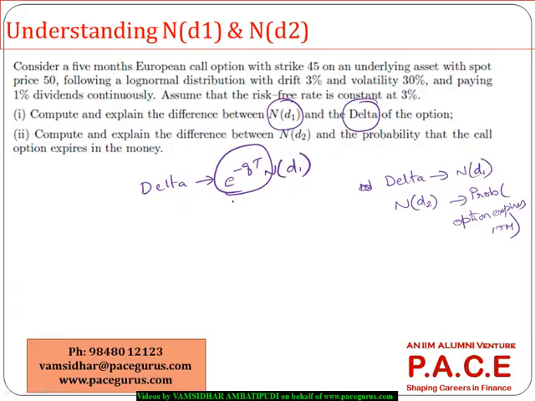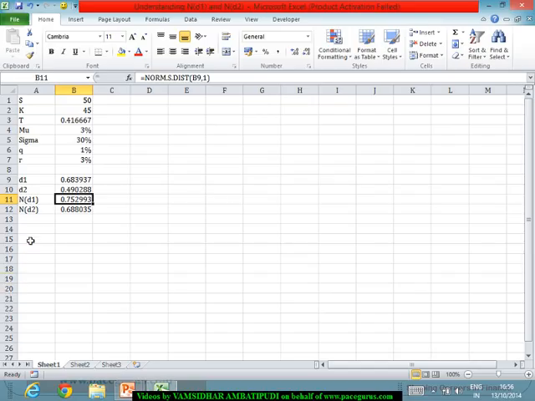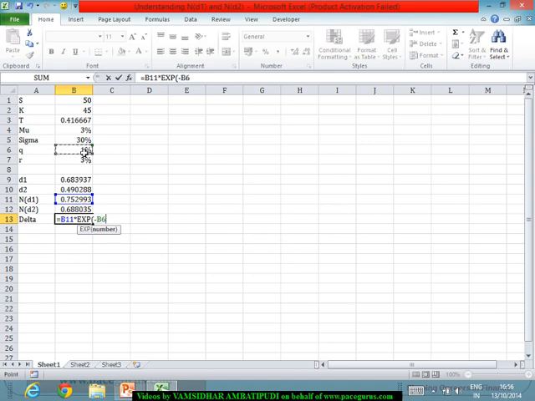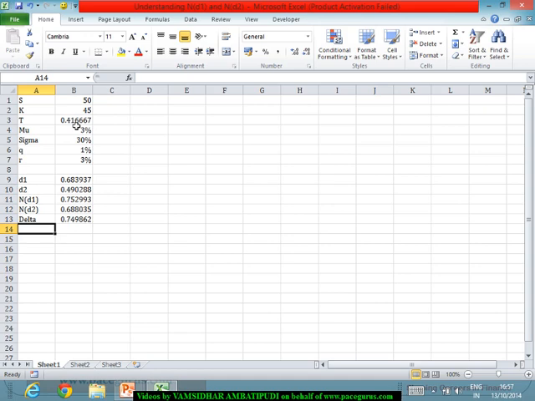When the asset is dividend paying, I get delta as e power minus qt times N(d1), or N(d1) discounted by e power qt. So my N(d1) could be slightly higher compared to delta, especially if the asset is a dividend paying stock.